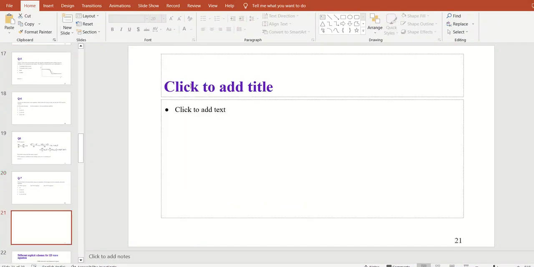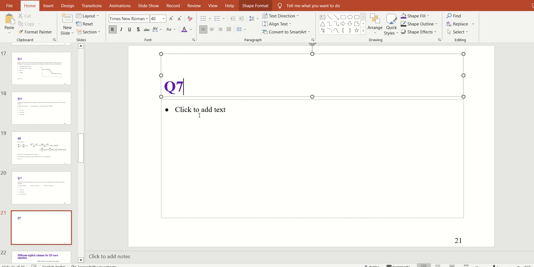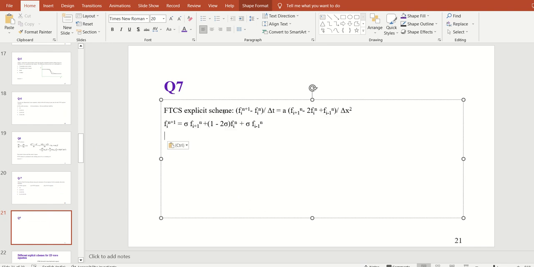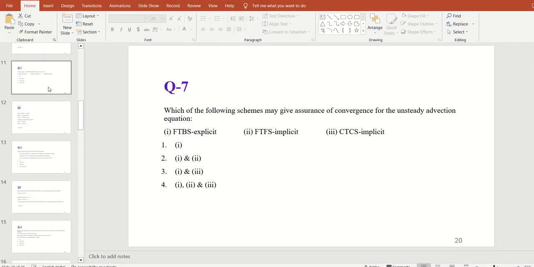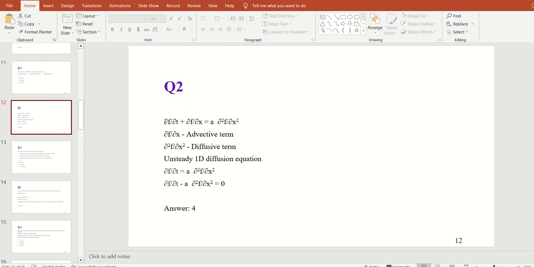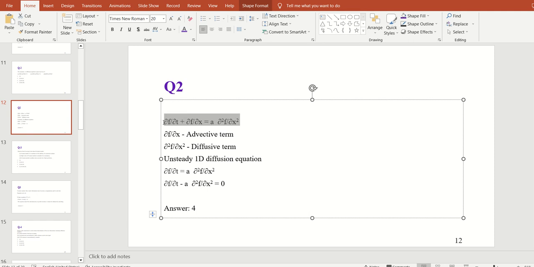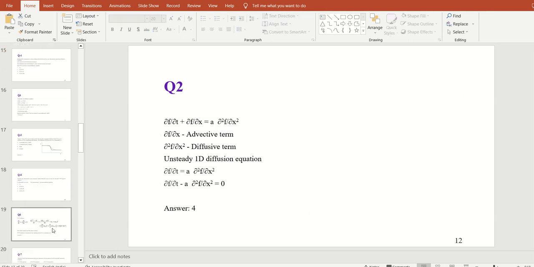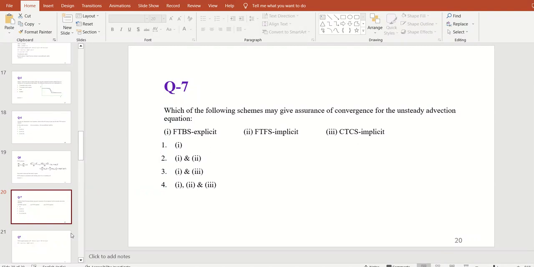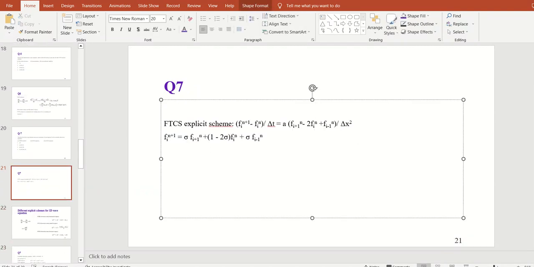New slide. It's question 7. The advection equation is given by dou f by dou t plus a times dou f by dou x is equal to 0, because it is advection and not diffusion.